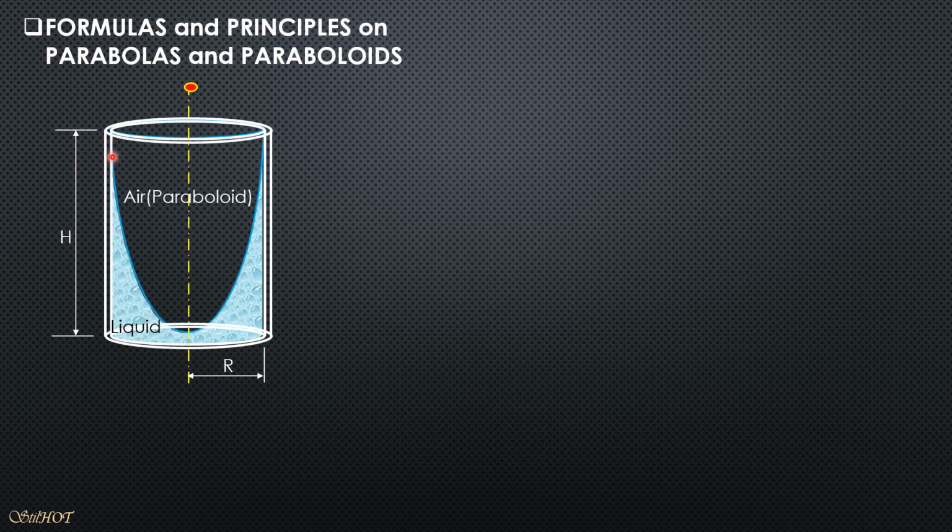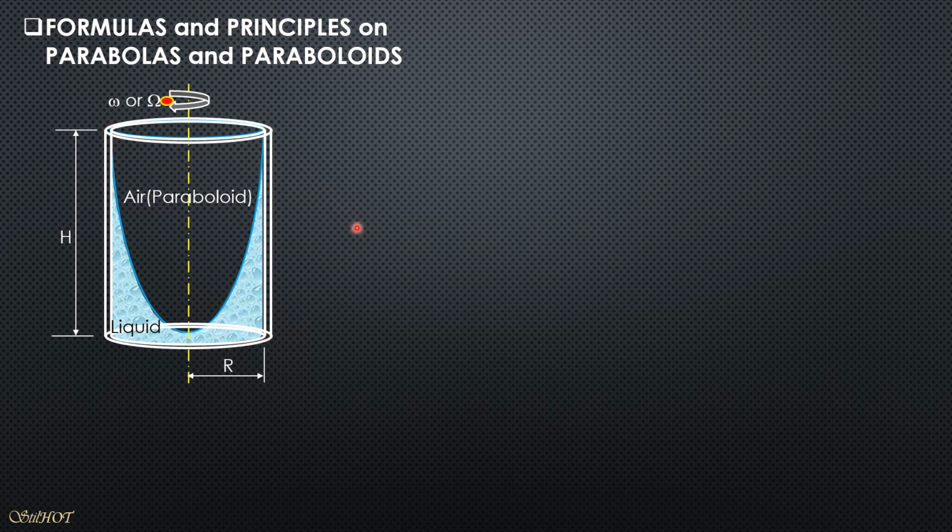So if this is now the resulting parabolic surface when the cylindrical tank is rotated about its vertical axis through an angular rotation of omega radians per second or omega revolutions per minute, then the volume of this air paraboloid is equal to the volume of liquid under that air paraboloid but inside the right circular cylinder. In other words, the volume of the paraboloid is one-half the volume of the circumscribing cylinder.